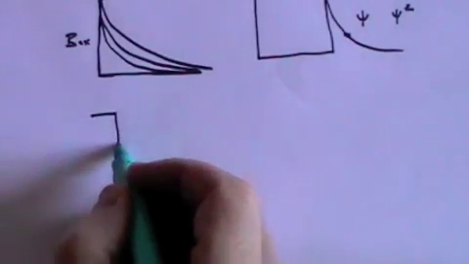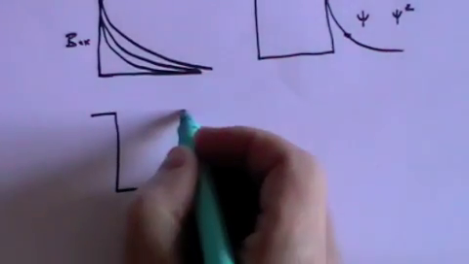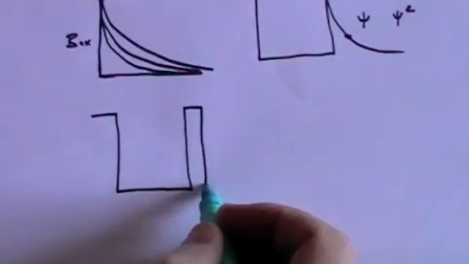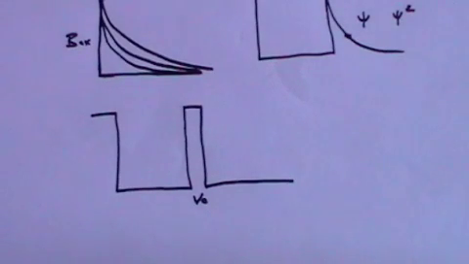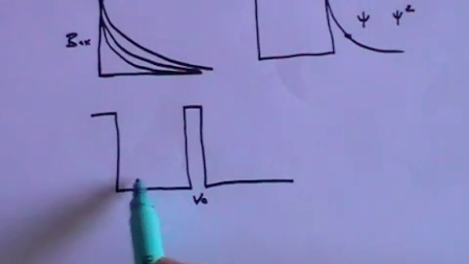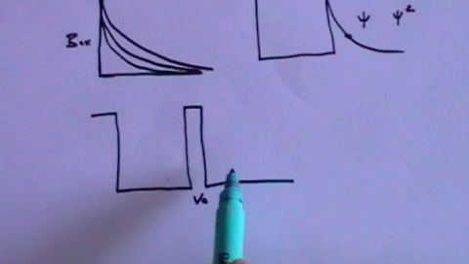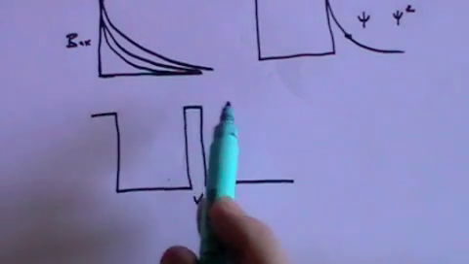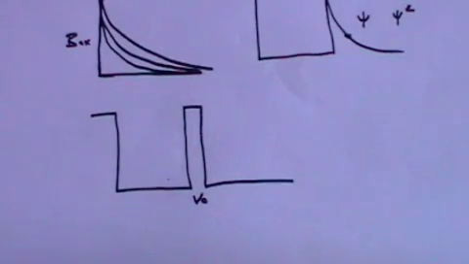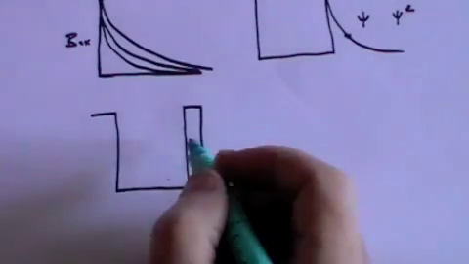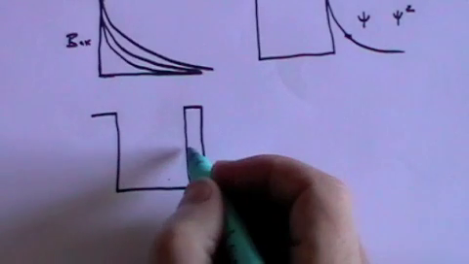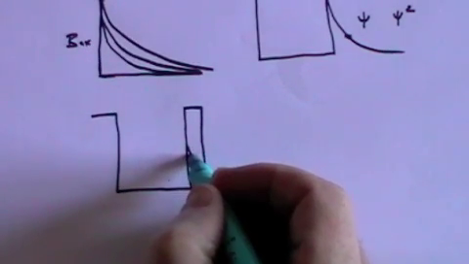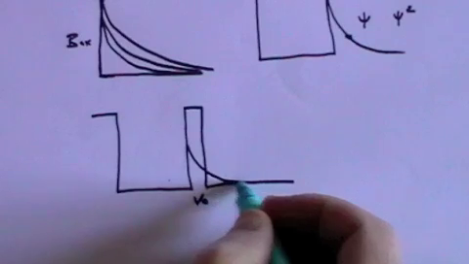Suppose we have a box, but we have a barrier. That barrier is of height V0. And we say that the particle can't get over the barrier unless it has energy greater than V0 to do so. But we've also shown that provided the height of this box is not infinite, the wave function outside the box will fall off exponentially.